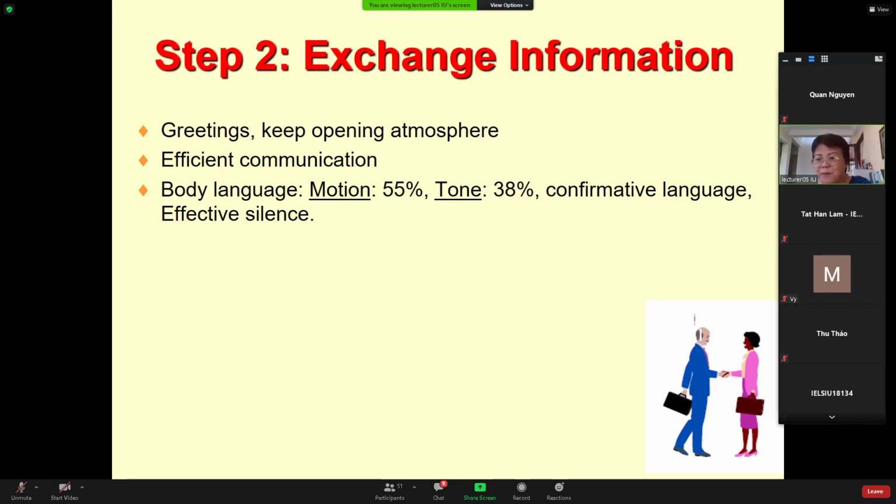Okay, after we prepare in the office, we come to the exchange of information for the meeting. We keep efficient communication, and we keep body language, the motion, the tone, and sometimes we have to use the tactics of effective silence.